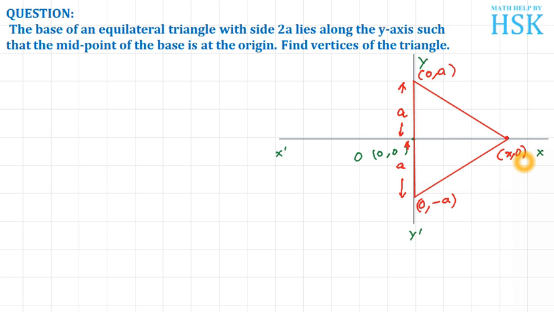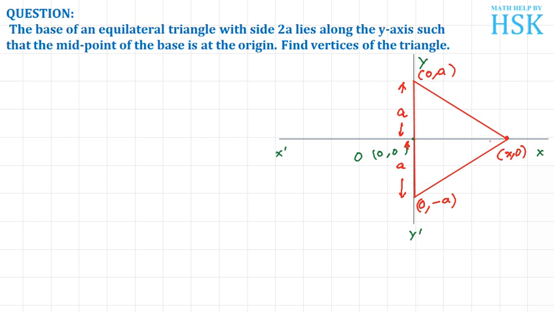Now a very important conceptual point is this: it is given that the base of an equilateral triangle lies on the y-axis, but it is not given that the vertex is going to lie on the positive x-axis or negative x-axis. So I have two possibilities.